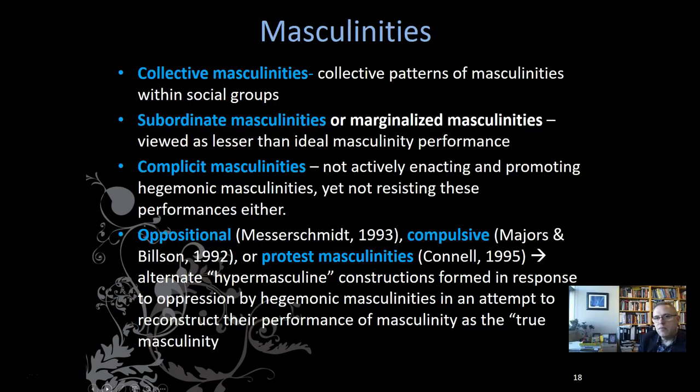Now, because there are multiple masculinities, everybody's masculinity is different and is changing all the time, but there are collective patterns of masculinities within social groups. So when we ask a question like what does a man look like, we're often drawing on those collective patterns of what we deem masculinity looks like in our social context.